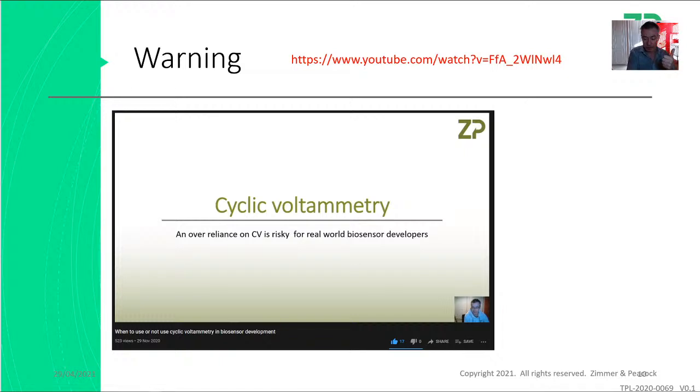That's the glucose signal, but also a capacitance element that we don't want. When you scan voltage, you get capacitance. But if you do amperometry, you don't have capacitance because you're not scanning the voltage. So be careful about over-reliance on cyclic voltammetry, and I would suggest you watch this video as well.